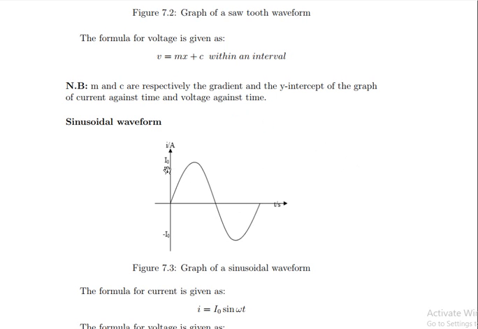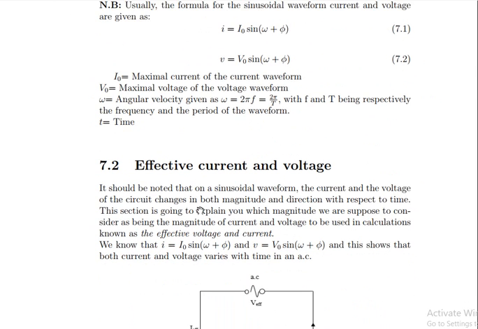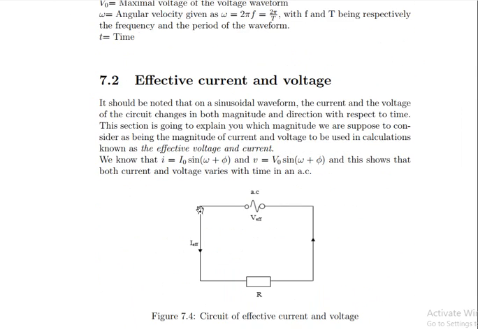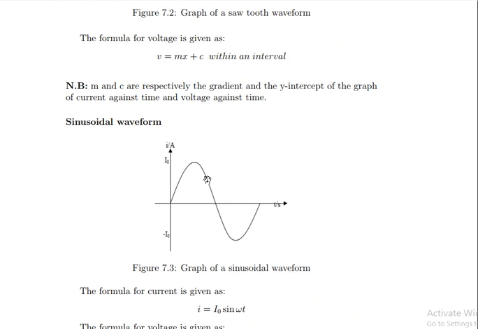We integrate it from 0 to the period over all these different values and divide it by the total period. When we integrate this function, you realize that the average current is always going to be 0. So when you sum and find the average current in this particular graph, the average current is 0.